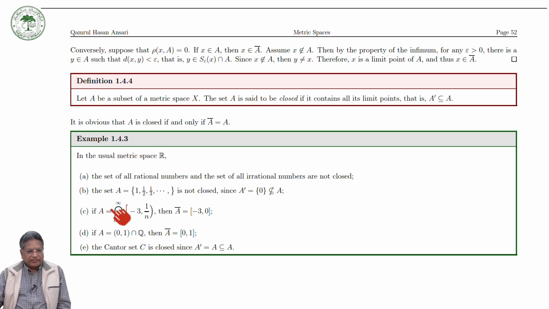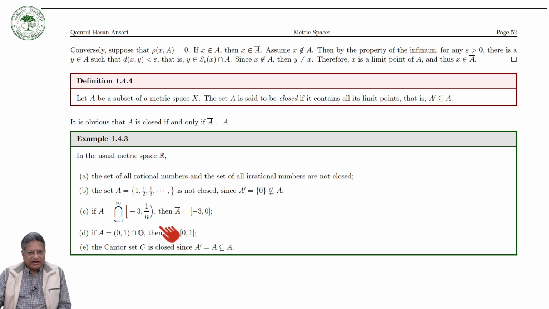Now, we are considering A equal to this set, the intersection as n runs from 1 to infinity of the interval closed at minus 3 and open at 1 upon n.